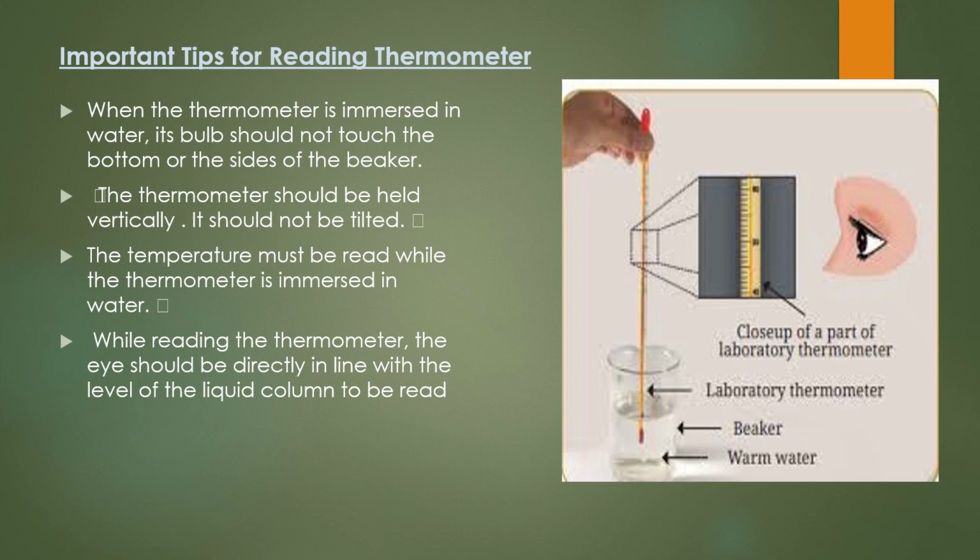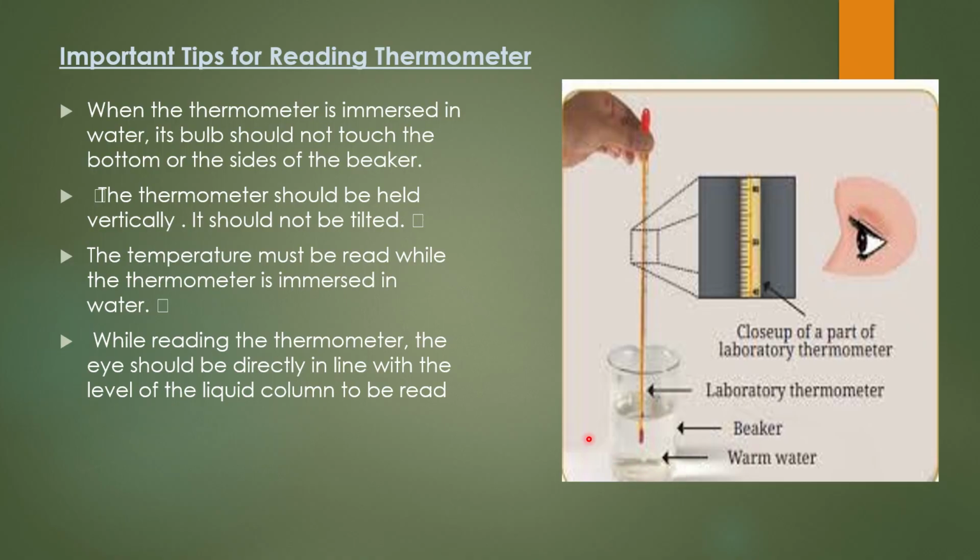Now, there are particular important tips you need to follow while measuring with the thermometer. Otherwise, you will not have a proper reading. When the thermometer is immersed in the water, like in this position, the bulb should not touch the sides or the bottom of the beaker.